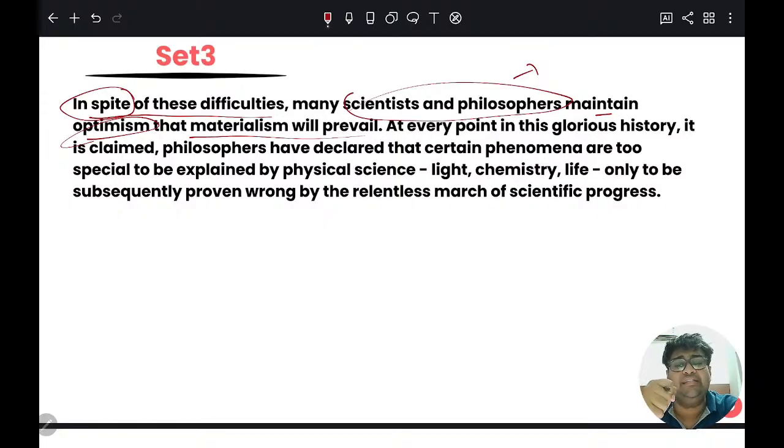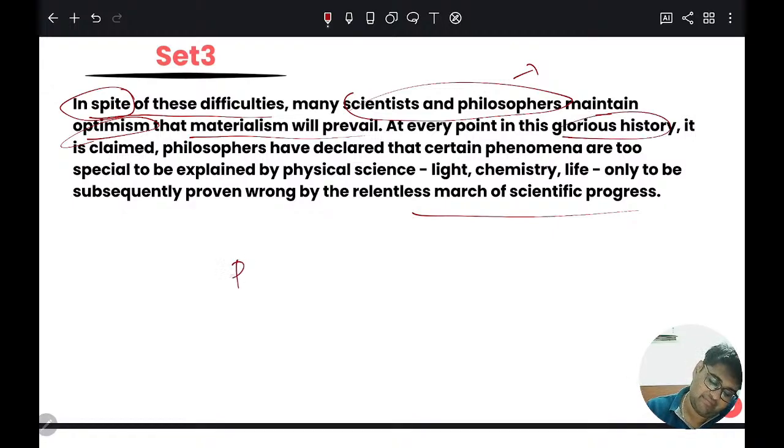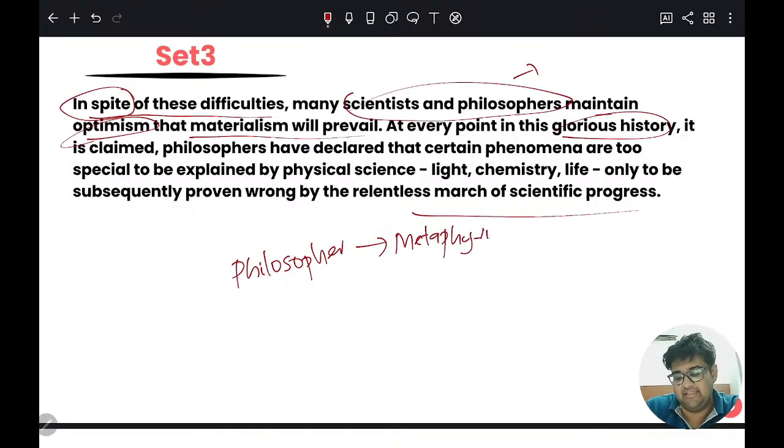At every point in this glorious history, philosophers declared that certain phenomena, like light, chemistry, life, were too special to be explained by physical forces, only to be proven wrong by the relentless march of scientific progress. Whenever philosophers said something was a metaphysical phenomenon, beyond physics or beyond science, science advanced and burst out of that area.